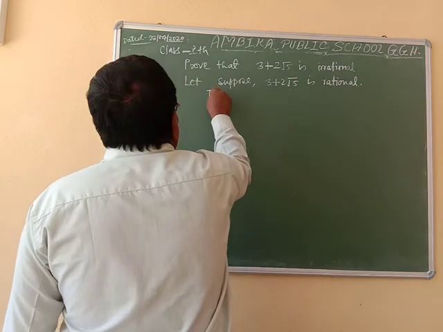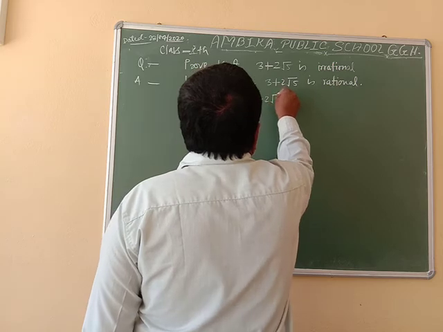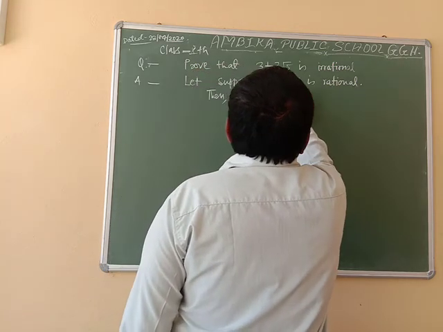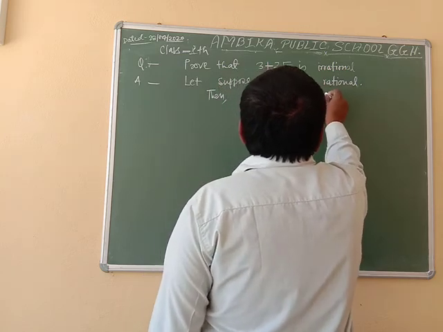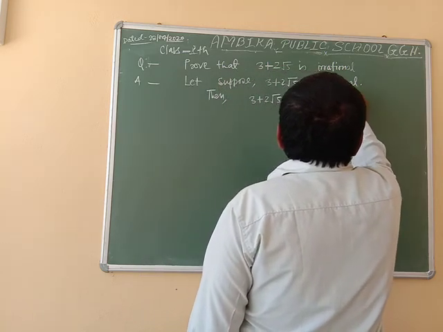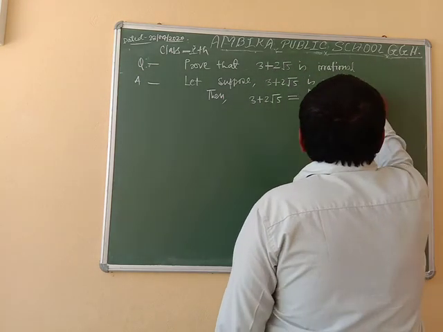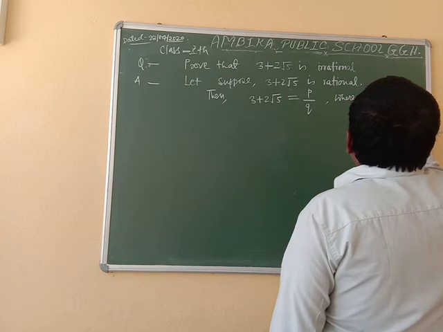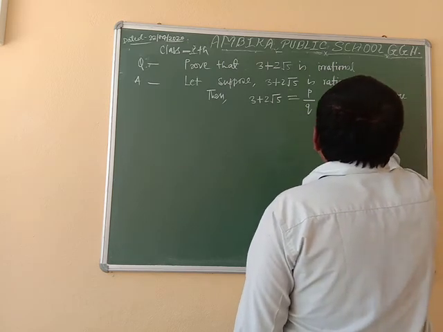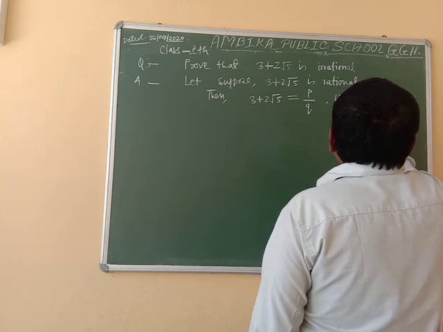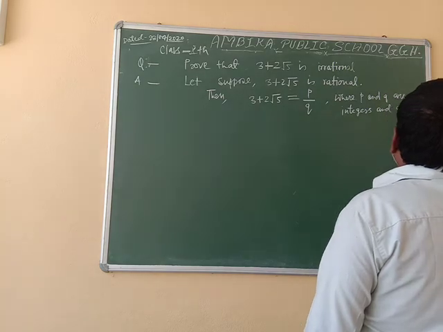Then 3 plus 2 root 5 is equal to p by q, where p and q are integers and q is not equal to 0.